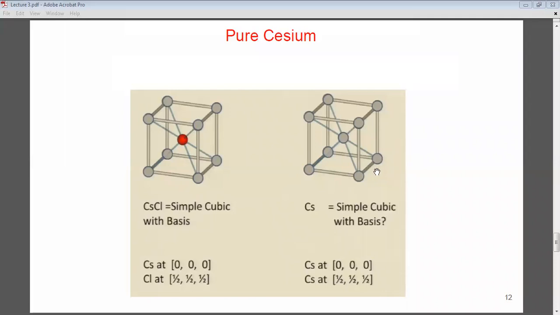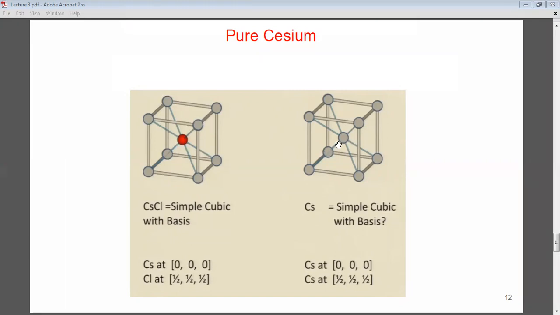In other words, what we are going to do is take the same cesium chloride structure, get rid of this chloride atom in the middle, and replace it by cesium.